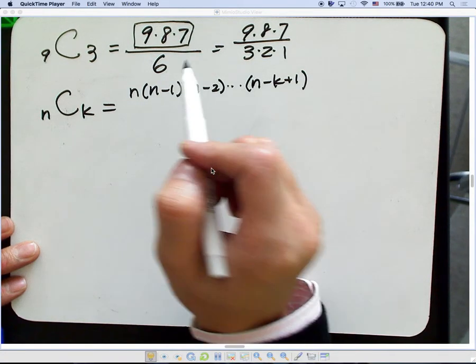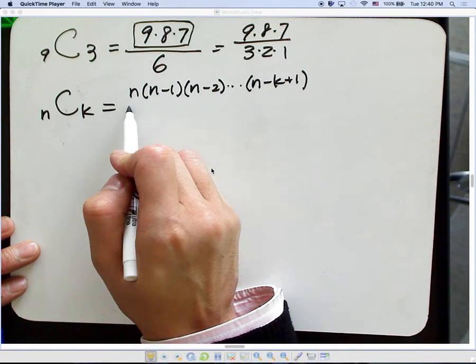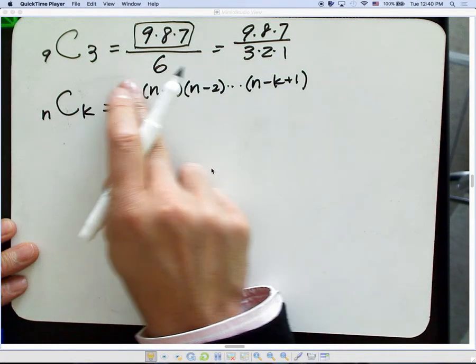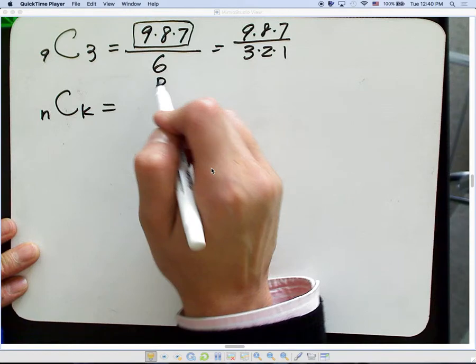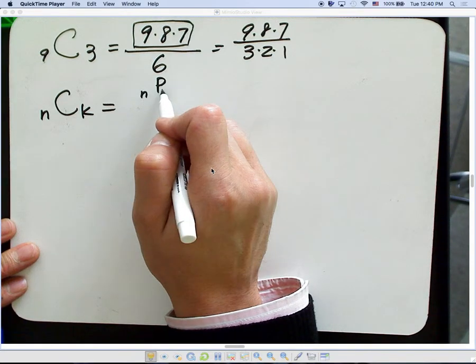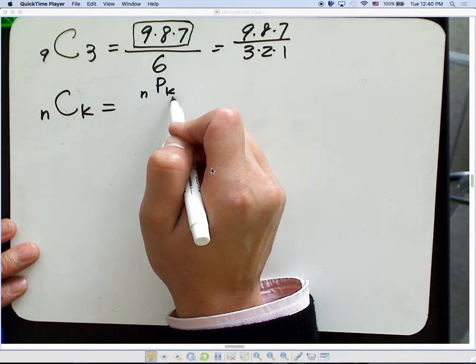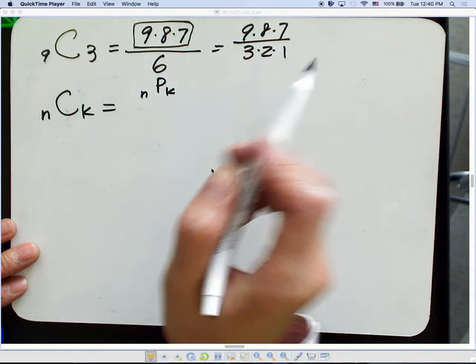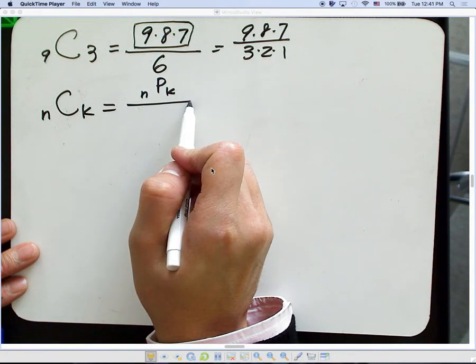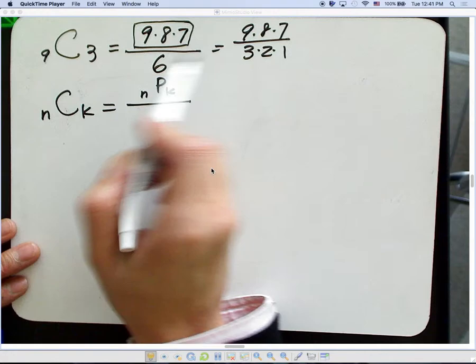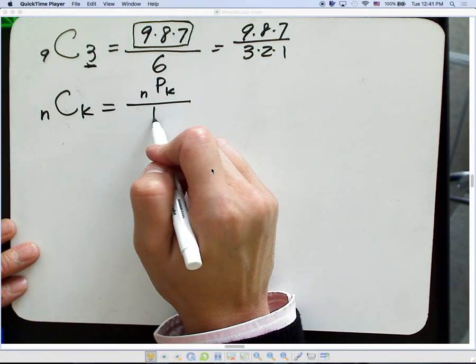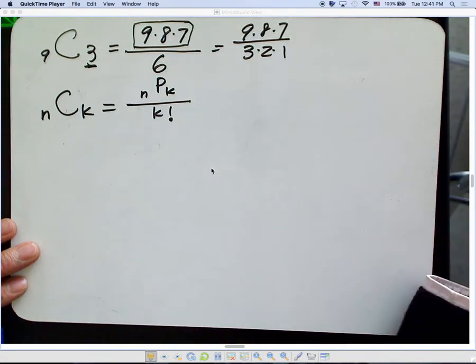Or you can simply say the permutation of k objects taken from a group of n, divided by 3 times 2 times 1, which in general should be k factorial. Is that right?